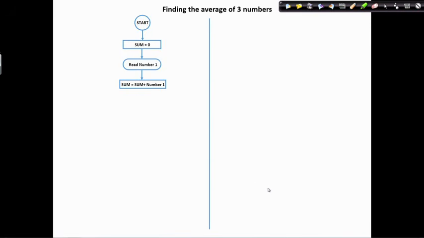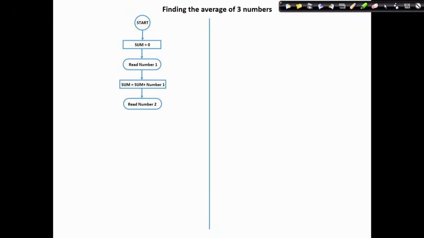Next, what should I do? After I computed the sum, I read the second number, because I have to read 3 numbers and find the average. I add the second number to the sum. The first number was 5, so the value of sum is now 5.